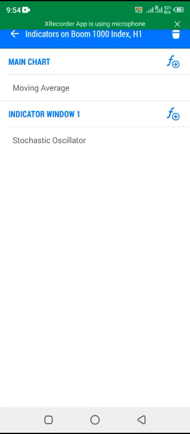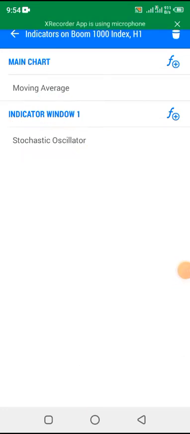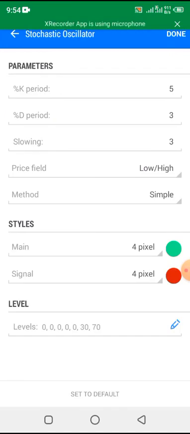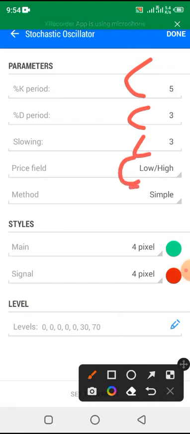Then our next indicator, right? It's the stochastic oscillator. This is a momentum indicator and it's a really powerful indicator, right? So this stochastic oscillator, these are your settings. As you can see here, period 5, period 3, slowing 3, price field low high, method simple. Then these are your colors, green and red.